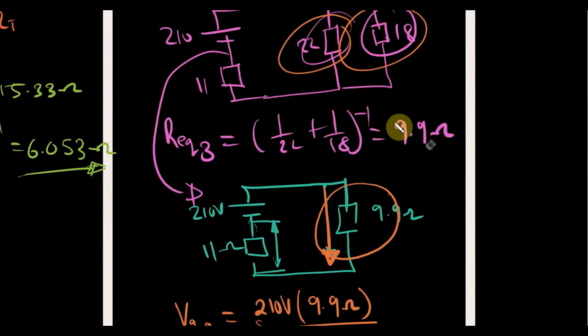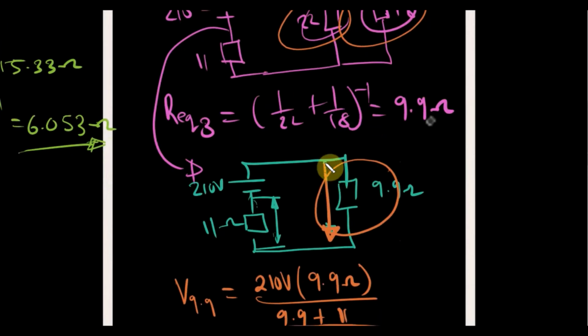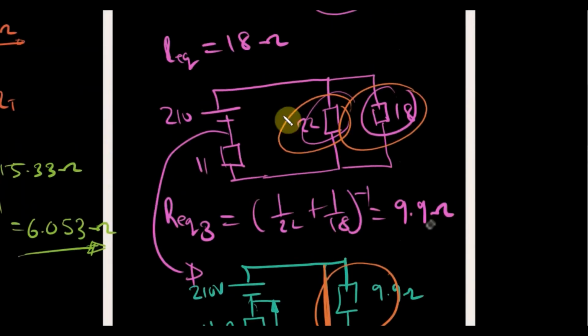Okay, so that simply tells me that the voltage drop across the 9.9 ohm resistor is the same as the voltage drop across the 22 ohm resistor, and if it's the same as the 22 ohm resistor voltage drop, that tells me that these guys are in parallel, so their voltage drop is the same.